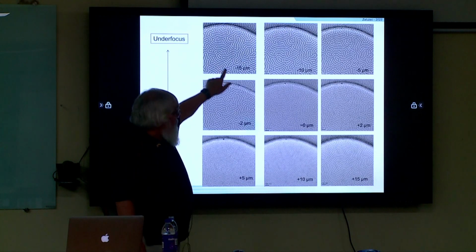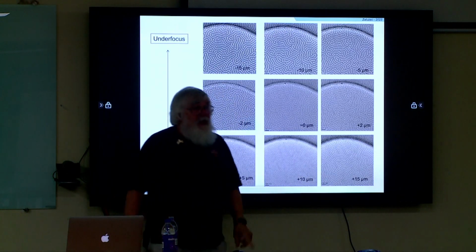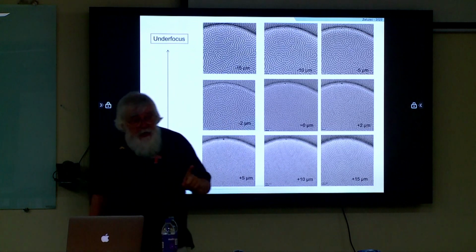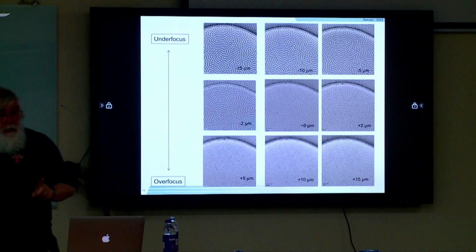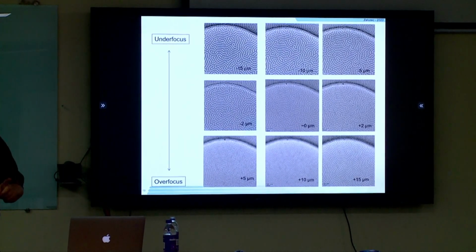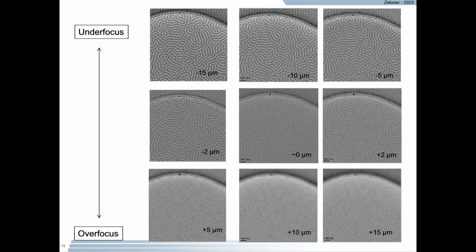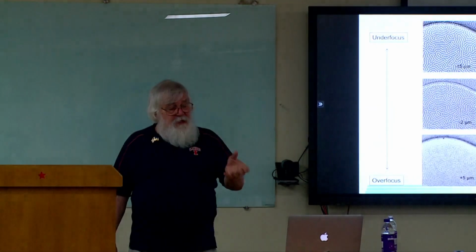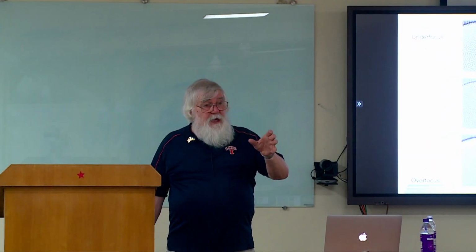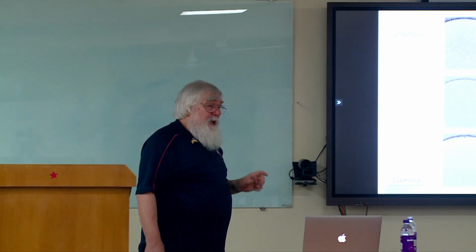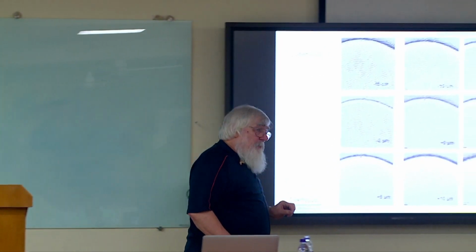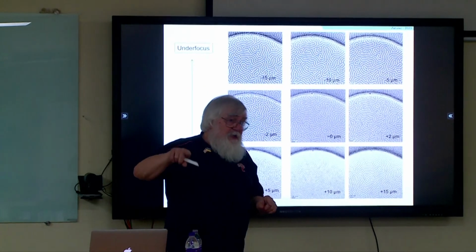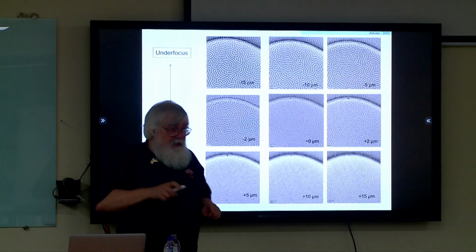We can go negative defocus or positive defocus. The contrast changes. That's important in TEM, in conventional TEM imaging. Positive and negative defocus changes the contrast. You will see that in TEM. In a little bit, you'll see you won't see that in STEM because it's a different mechanism.